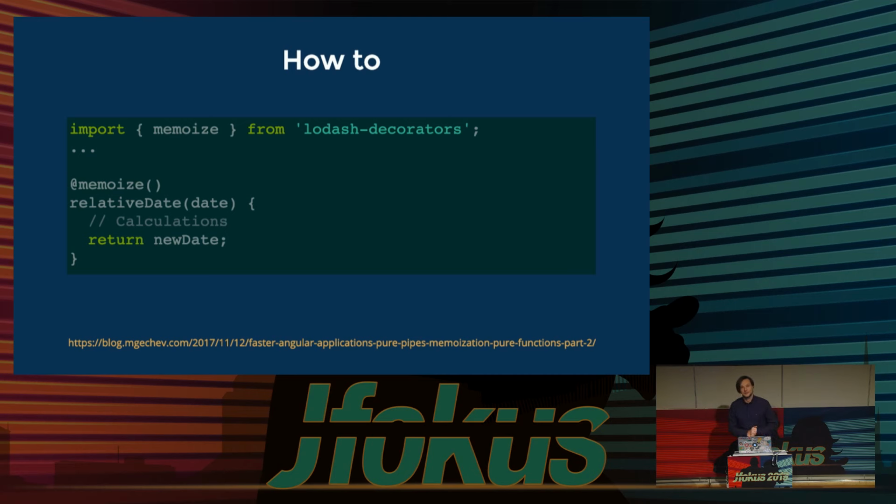There is a method called memoize, and you can use it in more or less classical form, but here I introduce the Angular style of using this, which is decorators. So basically, you use the Memoize decorator for your method, and it's done. It does all these interesting tricks for us.